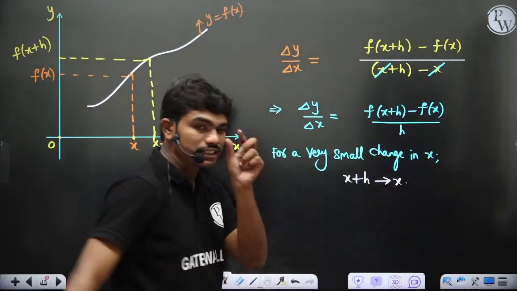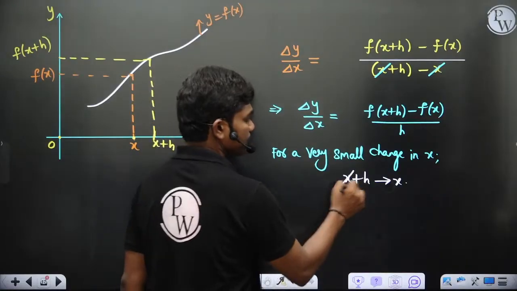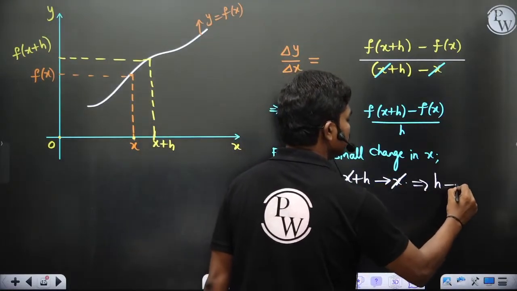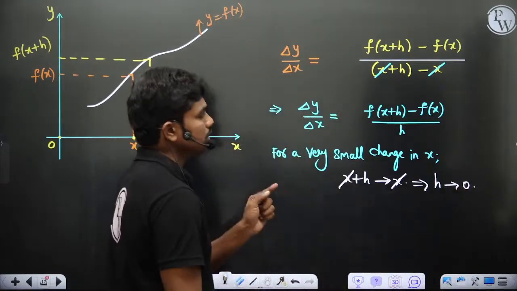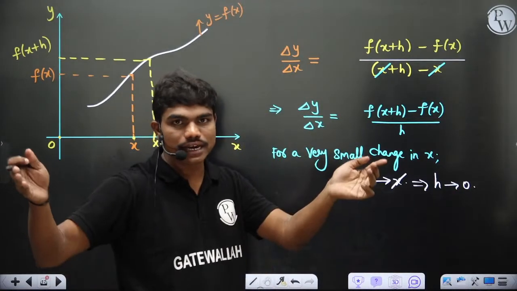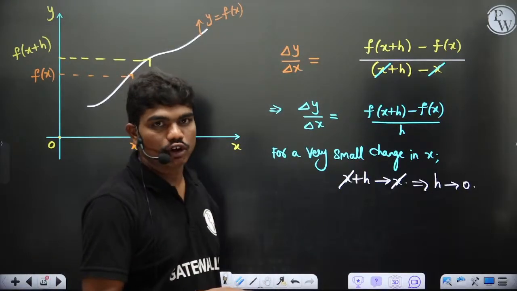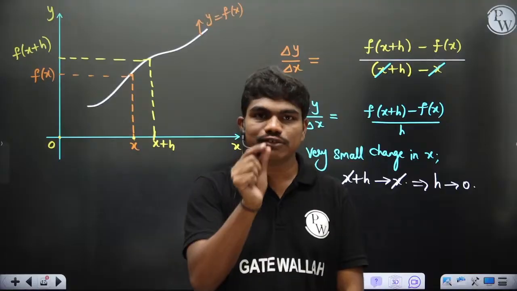Basically x plus h and x should be very close to each other. That means h should tend to 0. So if this difference is very small, instead of taking delta, which is the change, d is the small difference. That's the notation people who developed calculus followed. Delta gives you change, d gives you the small difference.